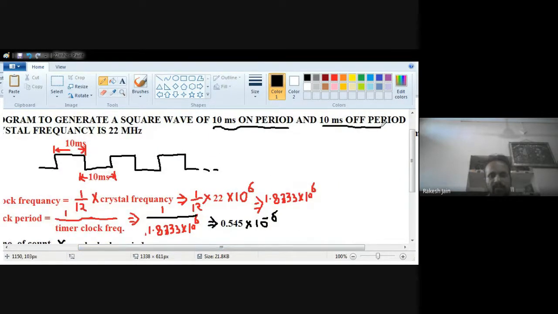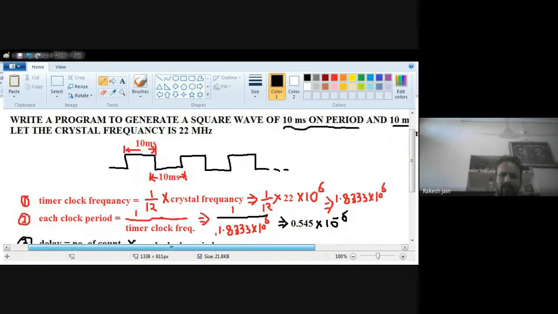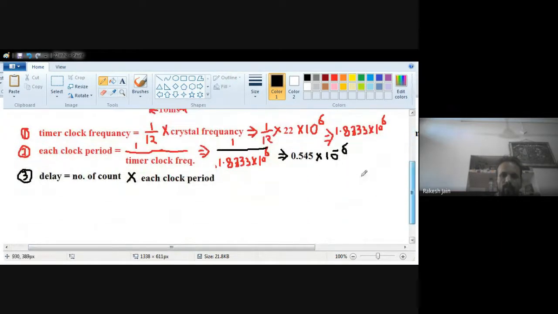If the on period and off period have different values, for example 10 millisecond on period and 3 millisecond off period, then two times we have to do the same calculation differently, one for the on period delay and one for the off period. But here both are the same, that's why we only have to calculate the 10 millisecond delay, and then we'll use that value two times in the program, one for the on period and one for the off period.